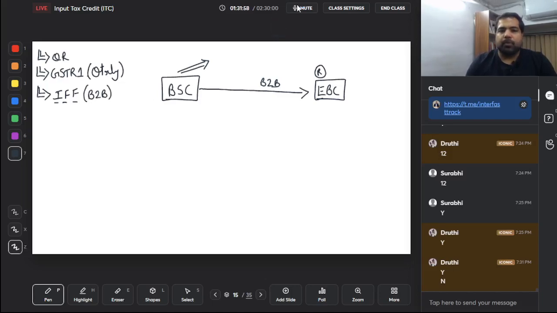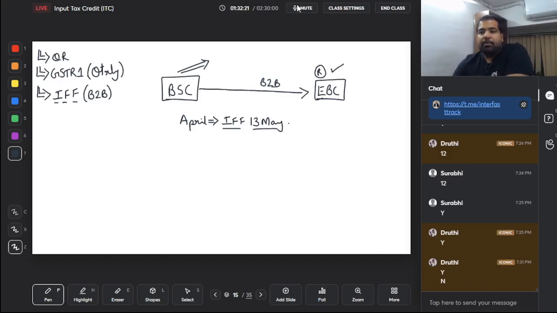That means for April, do you have any B2B supplies? Yes. Then you file an IFF by the 13th of May. In that IFF, will you put your B2B supply of batteries sold to EBC? Yes. So will EBC get the credit, guys? Yes. Mission accomplished. EBC is happy. I repeat.